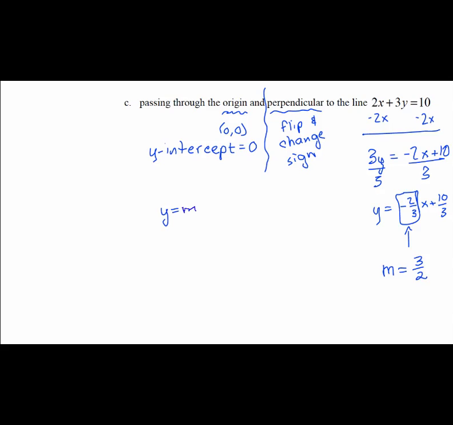Here we can use y equals mx plus b, the slope-intercept form of a line, instead of the point slope form that we had been using, and get to our equation quickly. So we end up with y equals 3/2 x plus 0, but of course we don't need to write plus 0. We just simply write y equals 3/2 x.